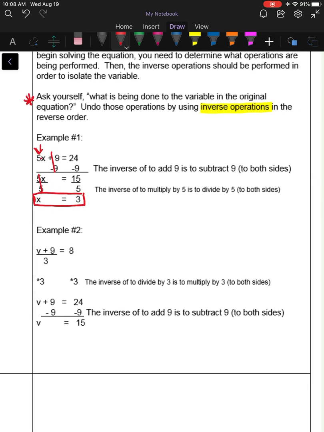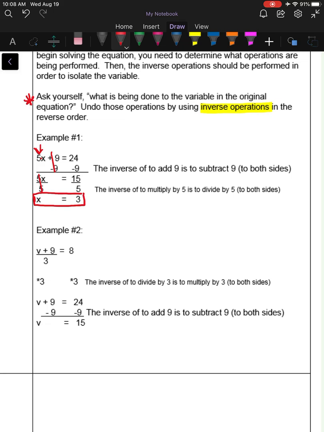So in class next week, we'll cover one-step equations, two-step equations, and multi-step equations, and we'll just kind of build off of that. So example number 2, we've got (v plus 9) divided by 3 equals 8. So the quantity v plus 9 is going to be divided by 3 to equal 8.